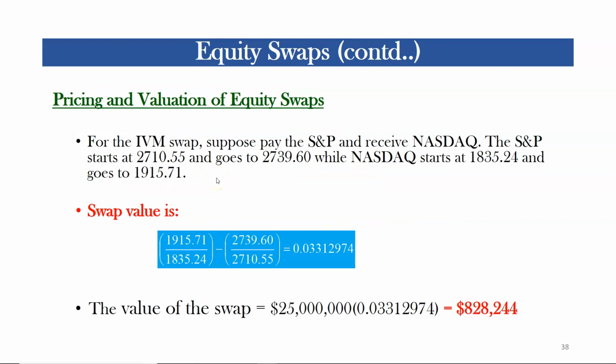Modifying the IVM example, we assume that IVM pays the return on the S&P and receives the return on the NASDAQ. The S&P index at the start has a value of 2,710.55 and goes to 2,739.60 in 60 days, while NASDAQ has a start value of 1,835.24 and goes to 1,915.71 in 60 days.